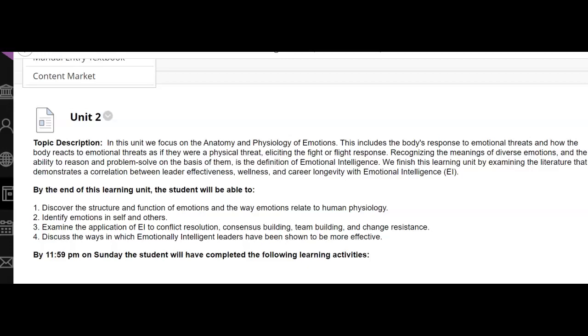We're going to finish this learning unit by looking at the literature and seeing how the literature does demonstrate a correlation between leader effectiveness, wellness, and career longevity with emotional intelligence. So again, the leader's effectiveness, wellness, and career longevity is correlated with their emotional intelligence.